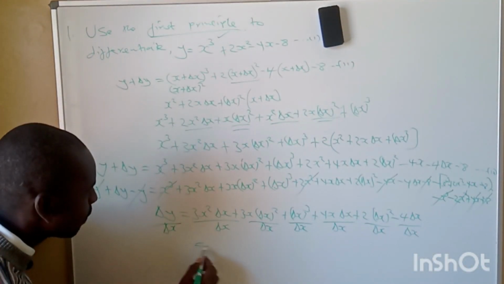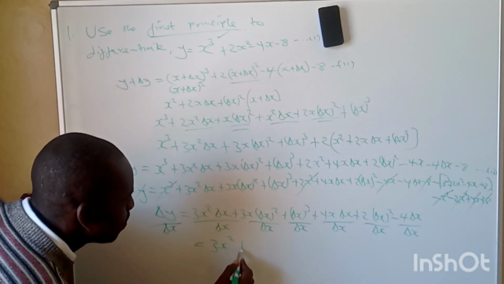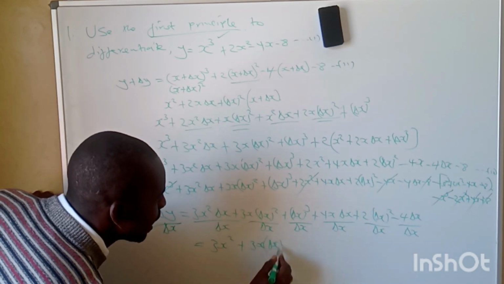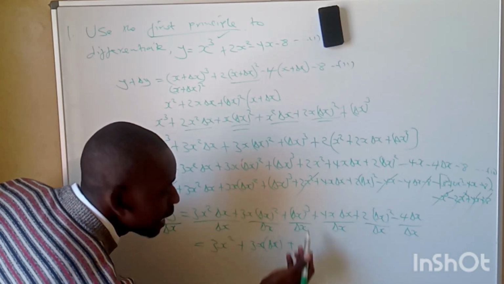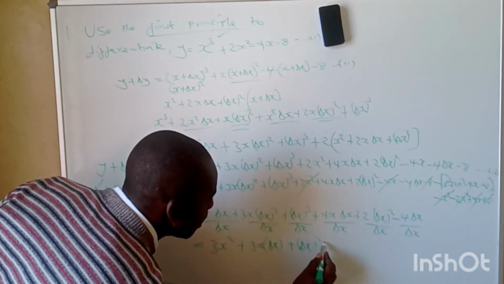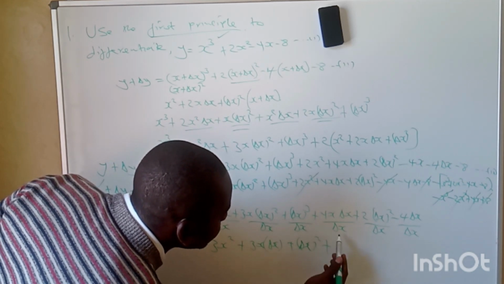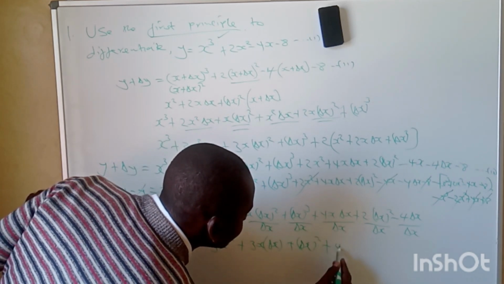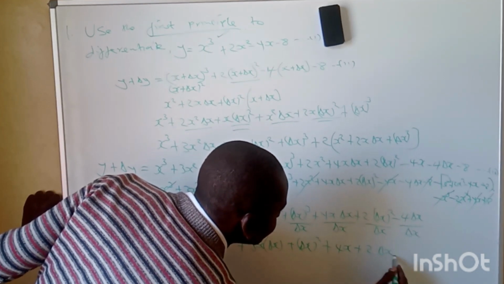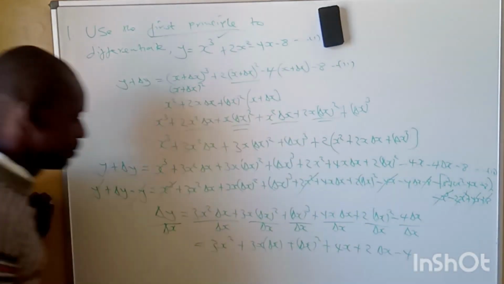So we have 3x squared plus 3x change in x. This one dx, one dx will go, so we remain with the dx squared plus 4x plus 2 dx minus 4.